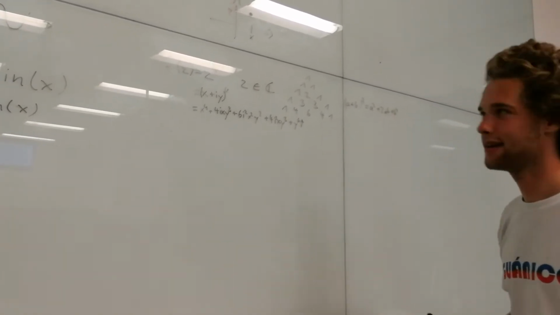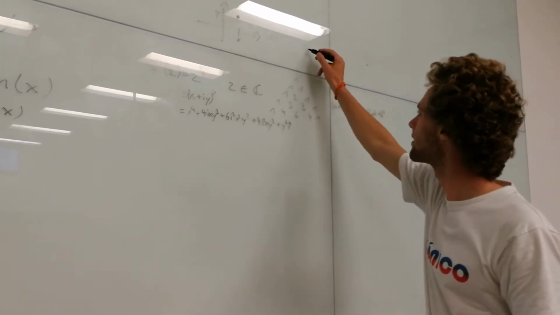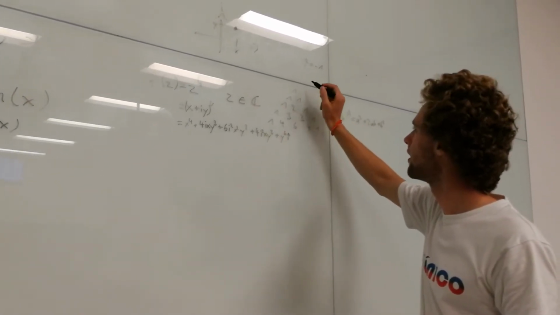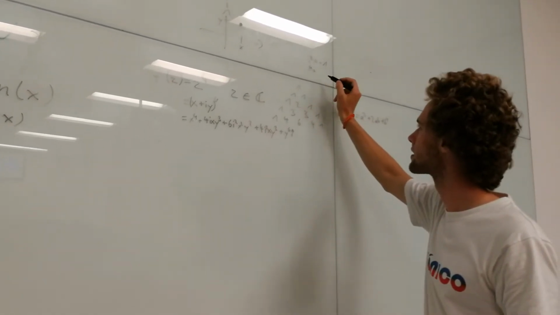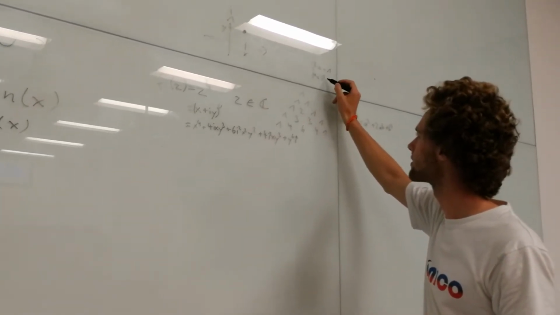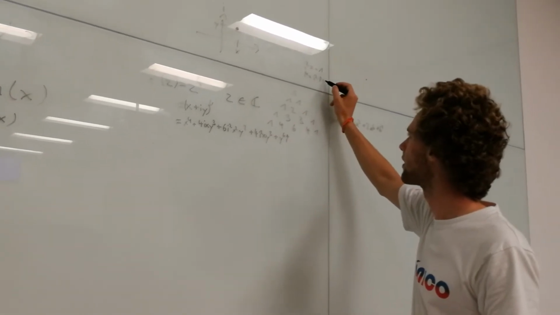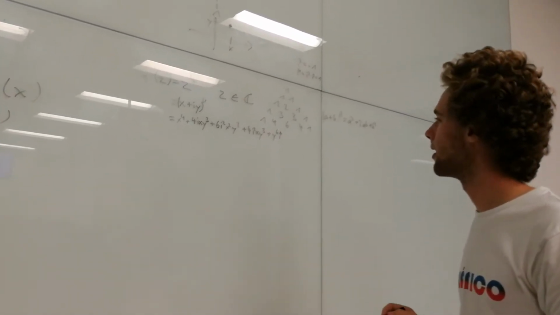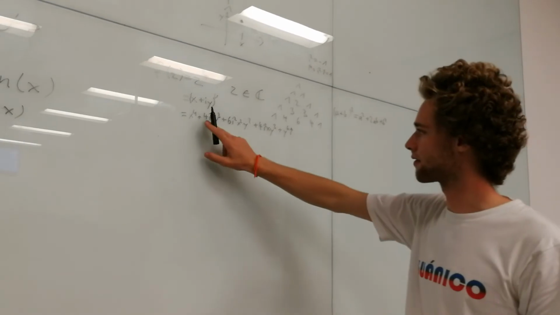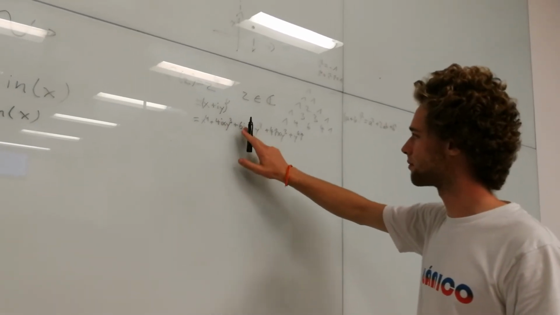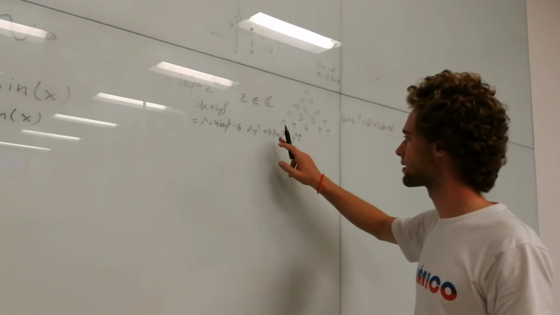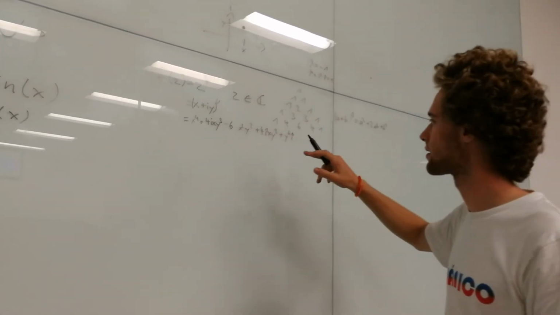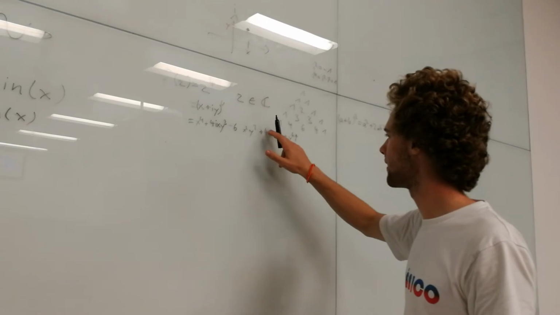Now what's i again? i squared is minus 1. i to the fourth is just i squared times i squared. Therefore it's 1 again. And we can just leave this guy here. This guy is minus 1. So we put a minus here. This is just i times i squared. So therefore minus i.